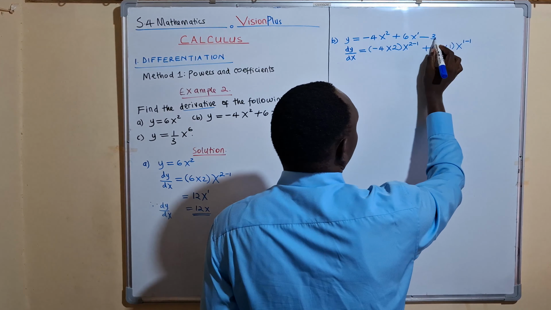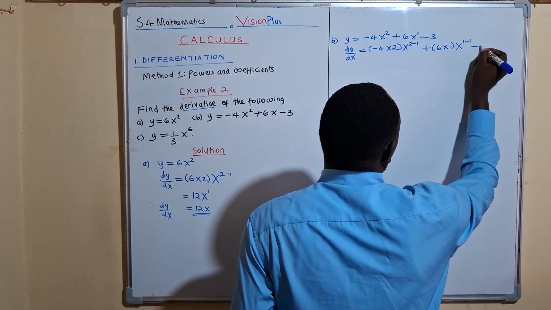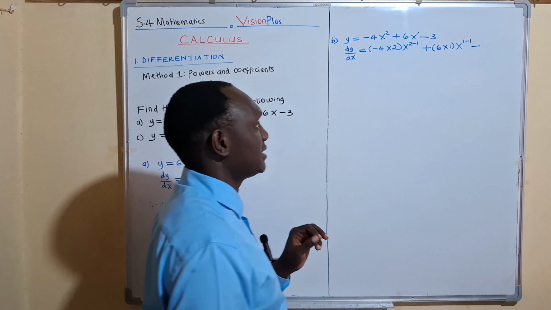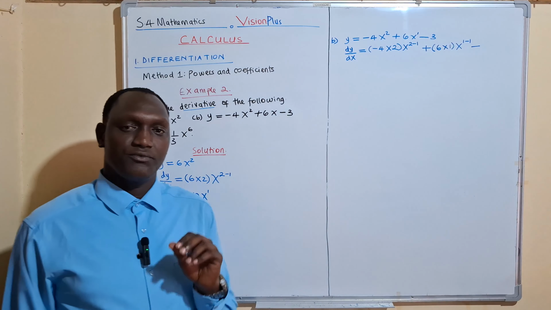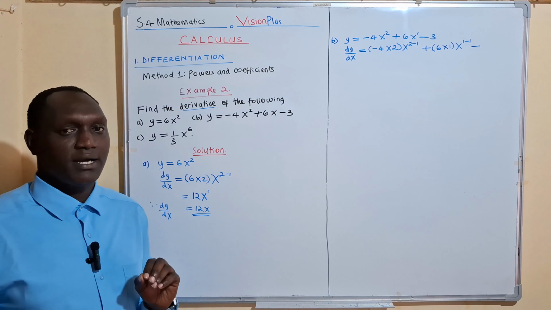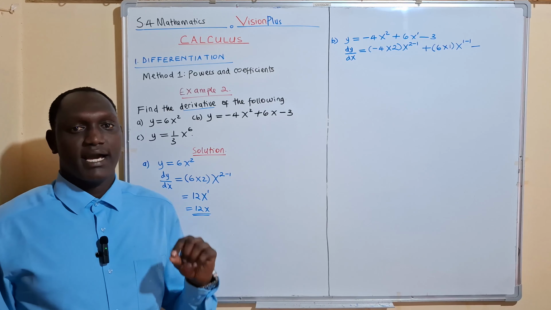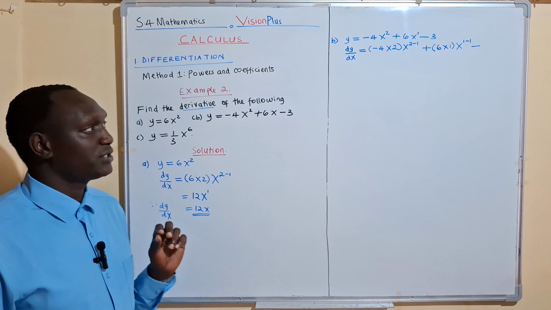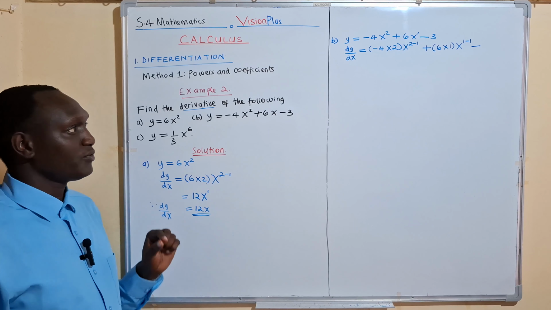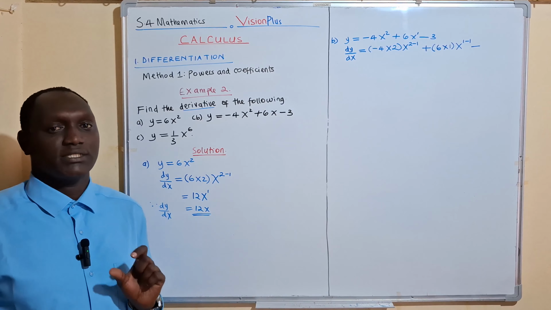Then we go to the last term, which is 3. So minus 3. But minus 3 here, I said in the introduction that if you differentiate any constant, the constant is a number that does not contain x or y or does not have any unknown with it. So 3 is a constant. Any number which is not attached to the unknown is known as a constant.